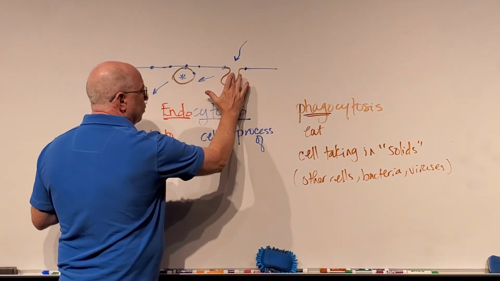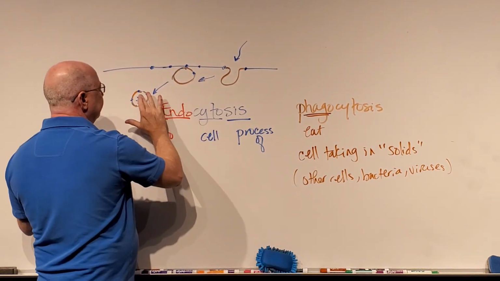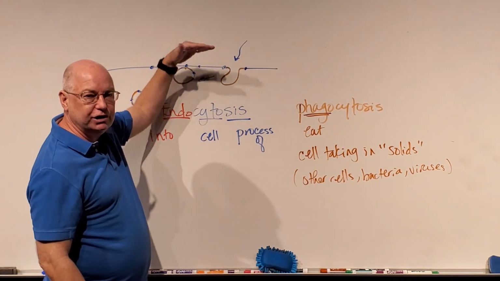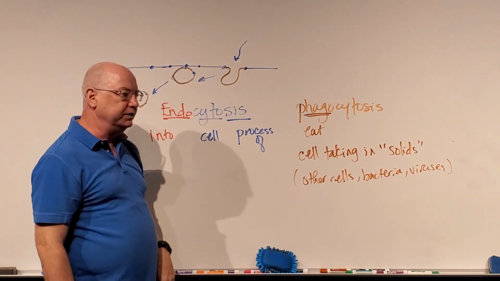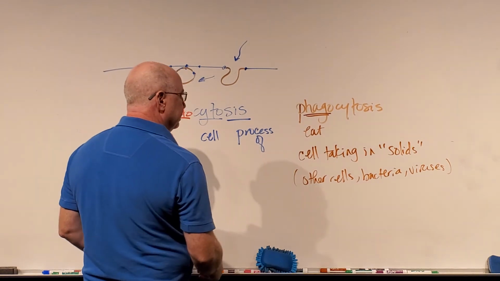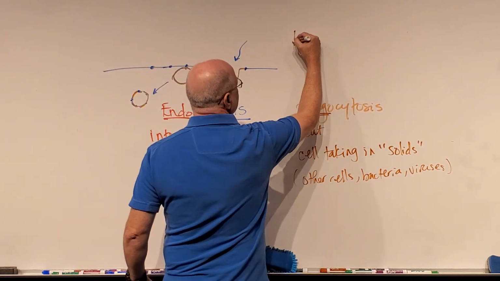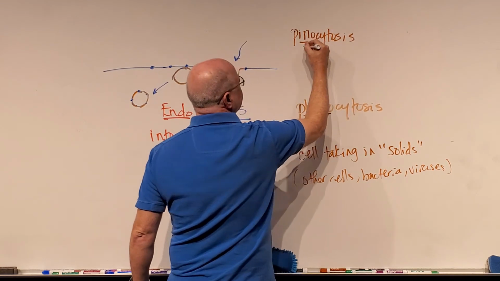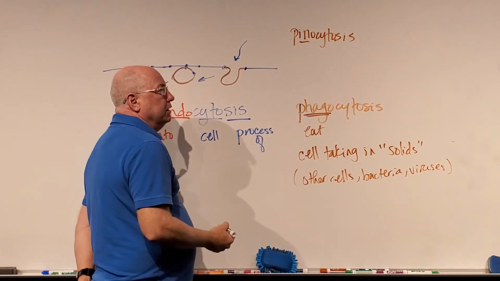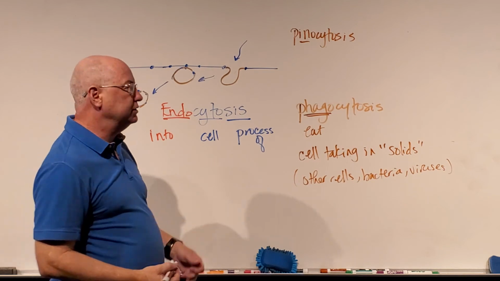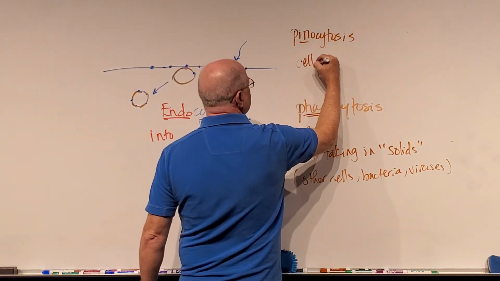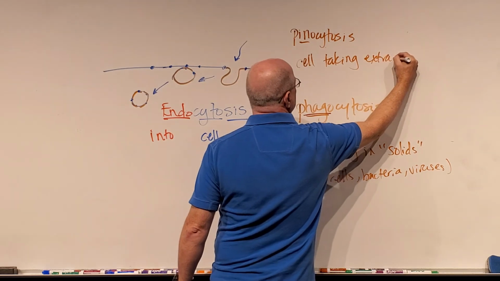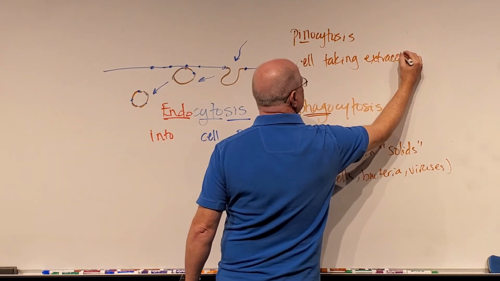Now, what if my cell just takes in a vesicle that doesn't contain any solids? It's just extracellular fluid, just taking in fluids. That process is something that we call pinocytosis. Or some people say pinocytosis. So pinocytosis is the process of the cell taking in extracellular fluid using a vesicle.